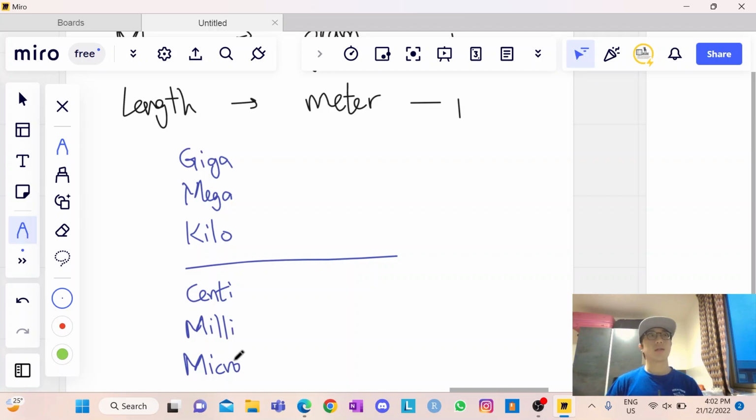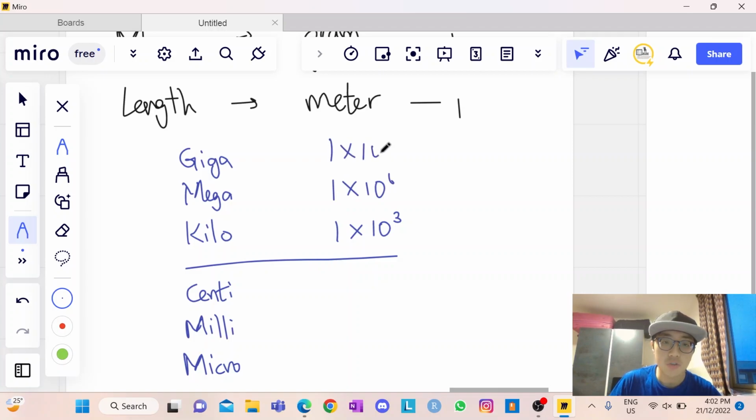This is the most basic set that I think you should actually know. I'm going to name all of them in terms of standard form. If you don't know what standard form is, you can go back to my second or third video where I talk about standard form. So kilo has a standard form of 1 times 10 to the power of 3. It goes up to mega, 10 to the power 6, and giga is 10 to the power 9.